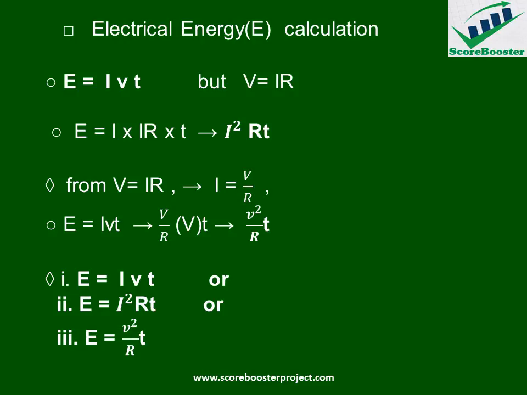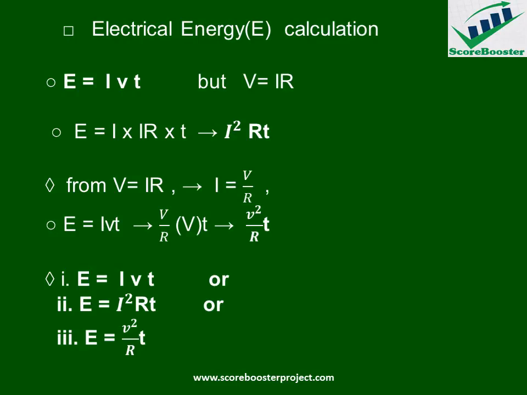Then we substitute for phi. If we substitute IR in place of phi in the formula E equals I phi t, then we have E equals I times IR, then times t. So I times IR will give us I square, then RT.